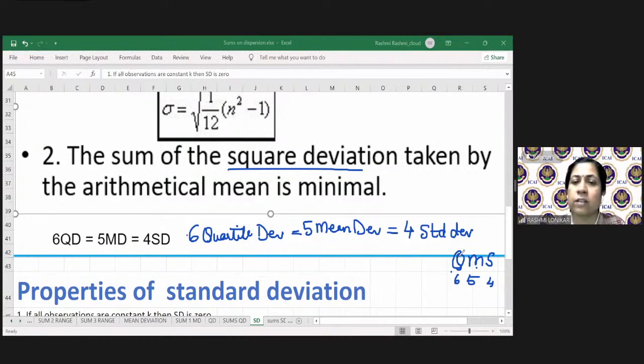QMS, क्वार्टाइल, मीन एंड स्टैंडर्ड 654 डिक्रीजिंग में आपको लिखना है. So this is an empirical formula where they will give you quartile deviation and mean deviation, ask you to find standard deviation, or similarly they will give you 2 and ask you to find 1.